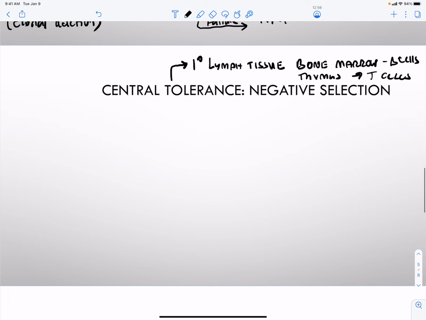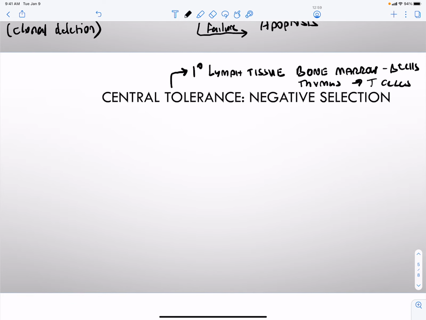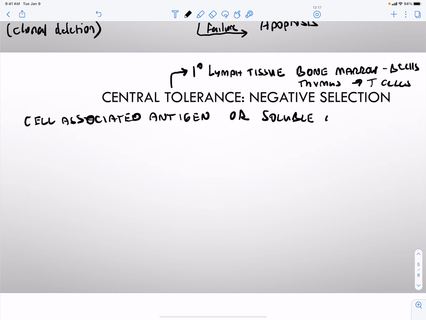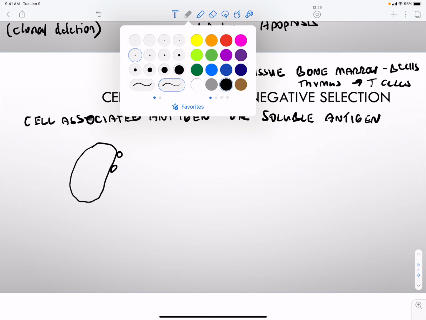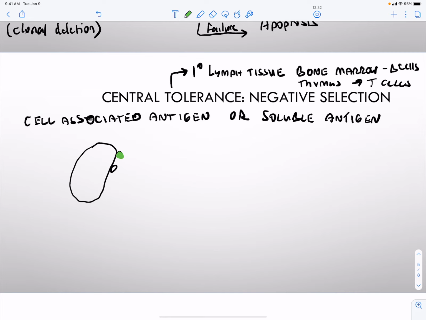So within the bone marrow, there's going to be two different types of antigens. There's going to be cell-associated antigen or soluble antigen. So if you have a cell in the bone marrow that has on its surface these little, we'll make them a color, little green circles, these are cell-associated antigens.